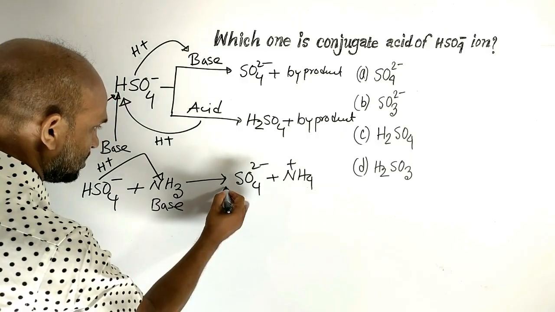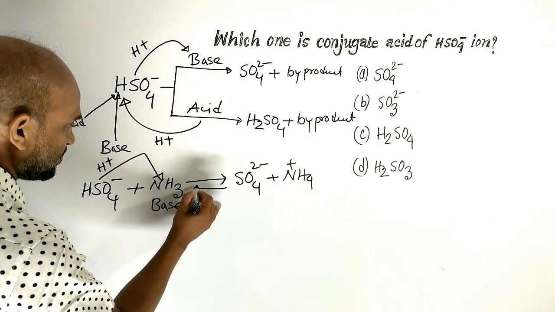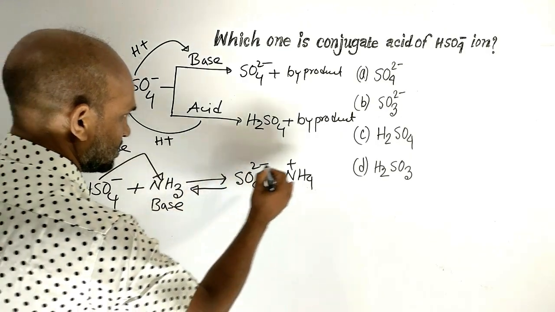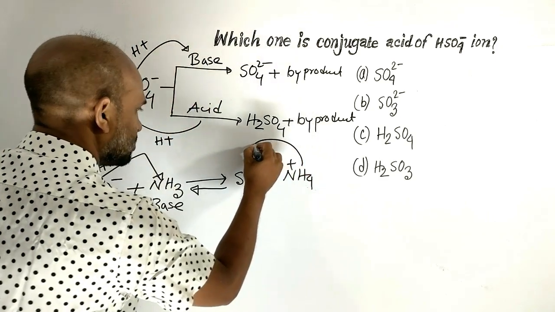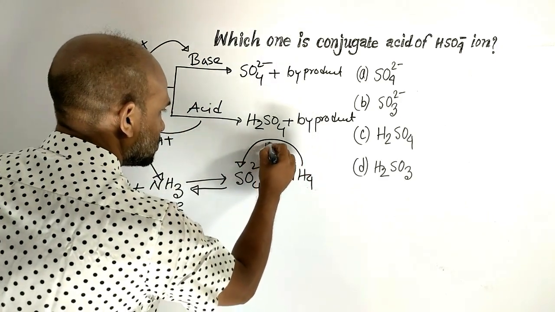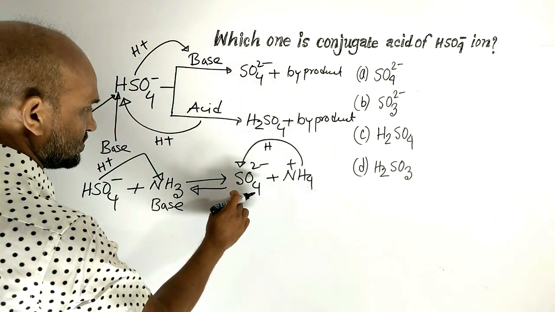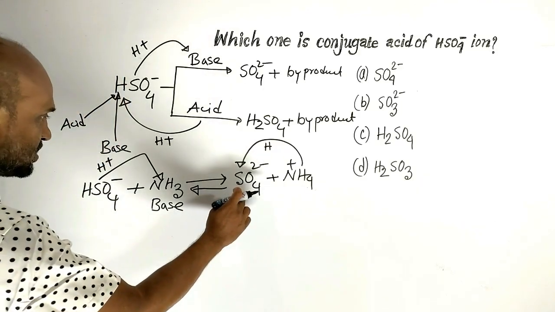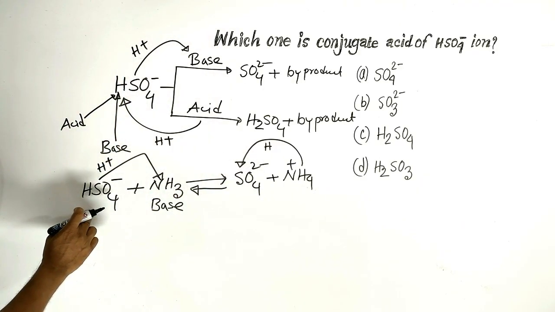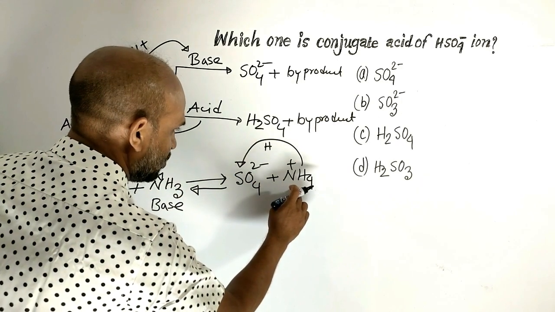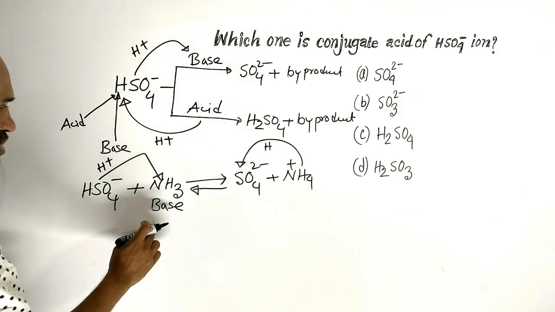When the reaction moves in the backward direction, the ammonium ion donates a proton to the sulfate ion. Then the sulfate ion turns into the bisulfate ion and the ammonium ion turns into ammonia.